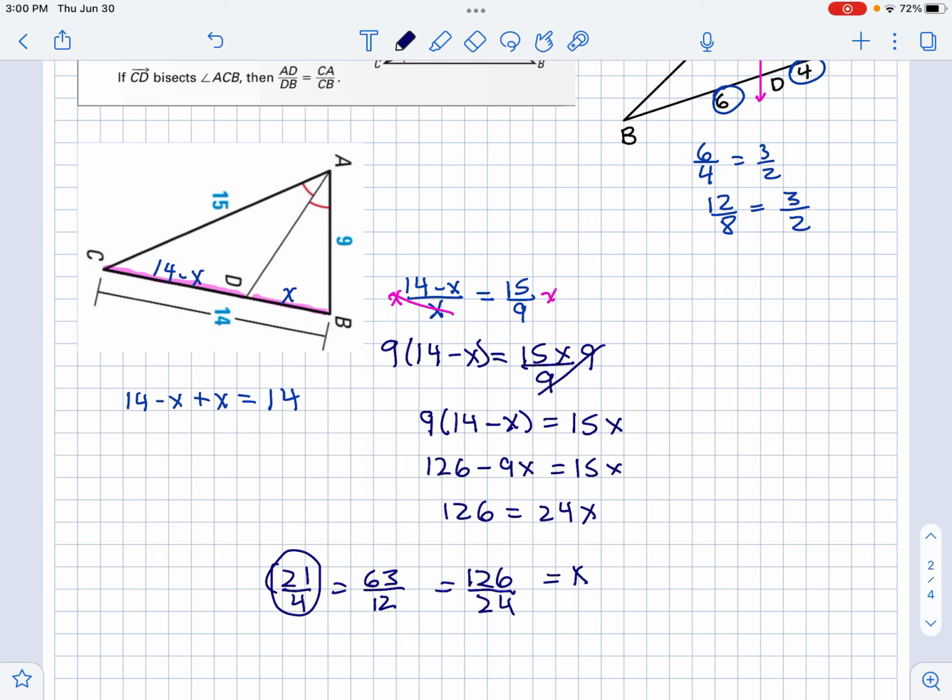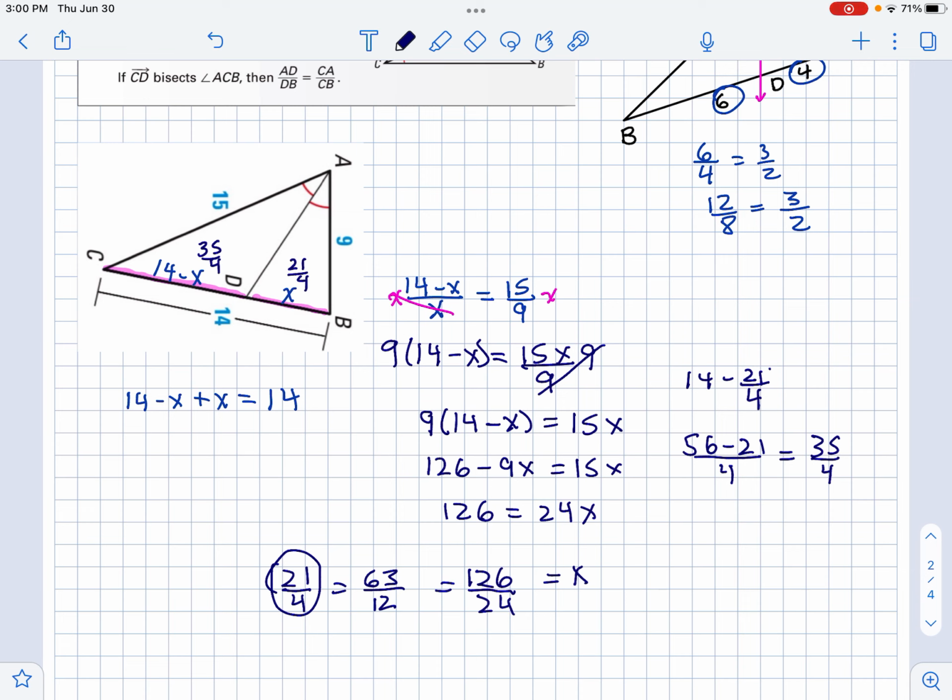So let's see how this works. If we put in 14 minus 21 fourths, it's kind of messy, right? So 4 times 14 is 56. So we get 56 minus 21 over 4, and that's 35 over 4. So that would be this side here, 35 over 4, and then this is 21 over 4.